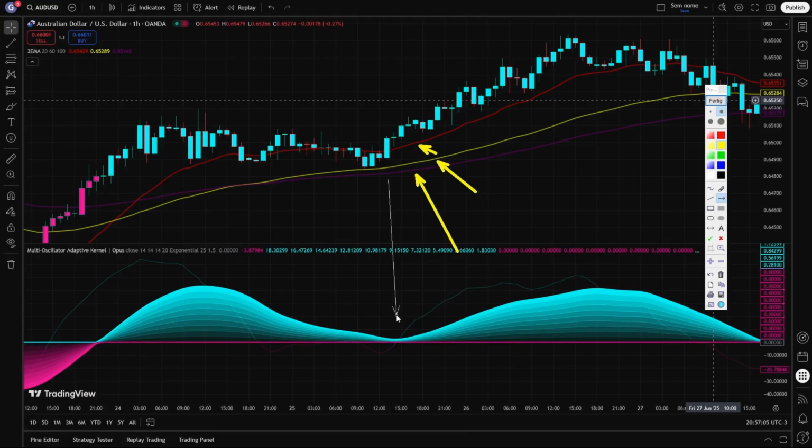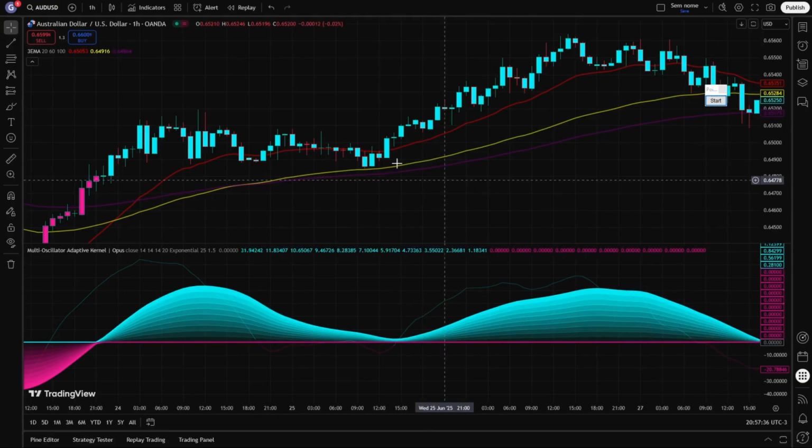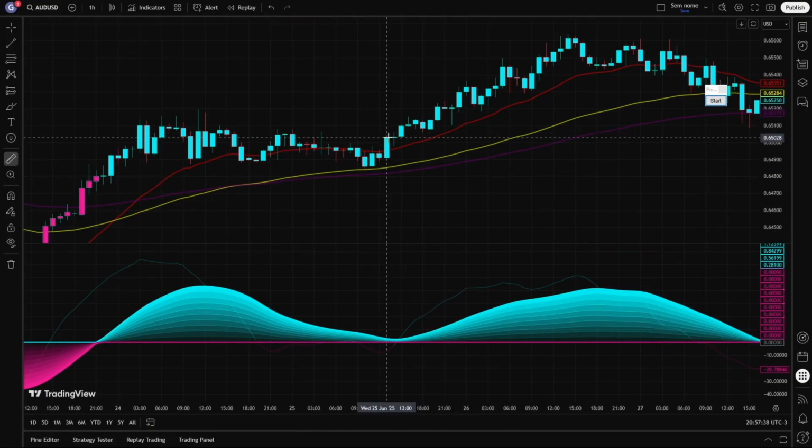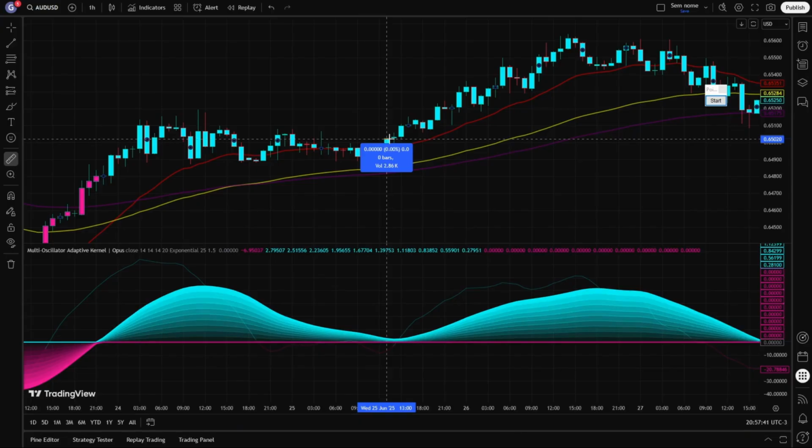Also, we look at the MULTI OSCILLATOR indicator to see if the fast line is pointing up and if our slow line is also indicating upward momentum. Both are showing upward momentum. The price is accelerating in the uptrend, which means we can make our entry on this candle here that just gave us the confirmation we needed.